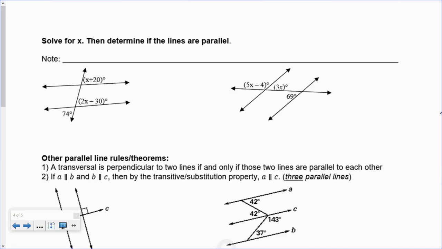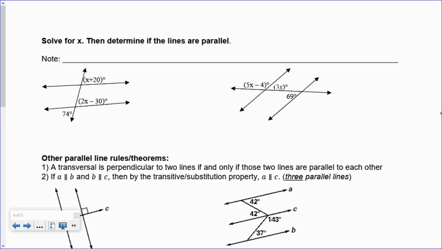All right. Take a look at the next page. Read the directions very carefully, everyone. On the next page, it says solve for x, then determine if the lines are parallel. So, what do I know about the lines so far? Do I know if the lines are parallel?